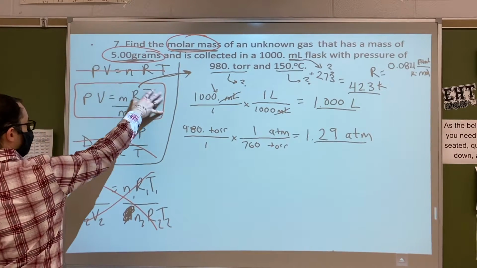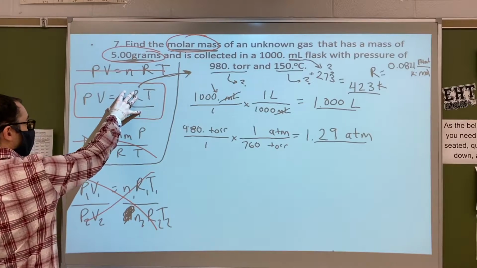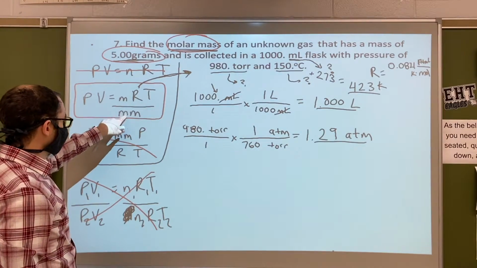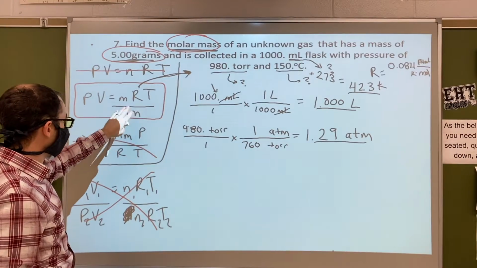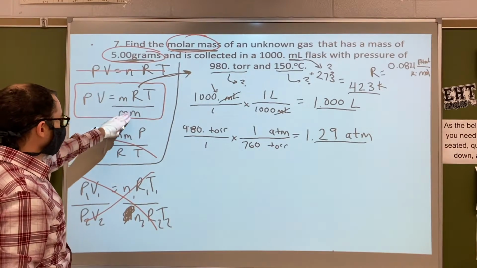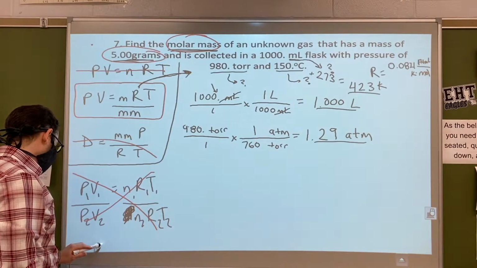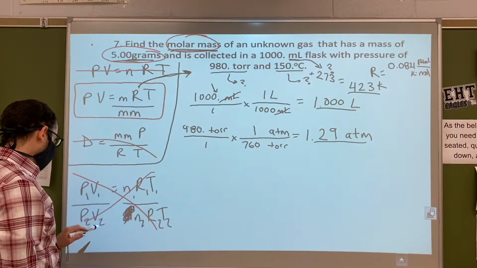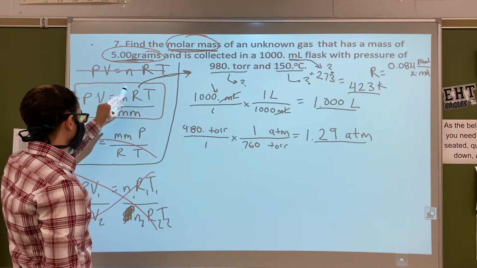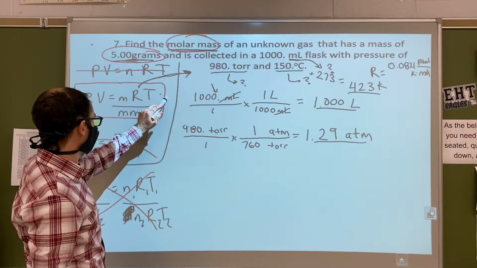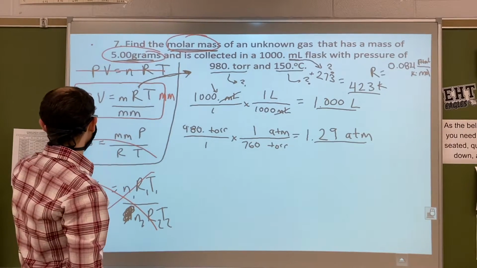So here's our equation. I already wrote it down. So now I'm going to substitute everything. Actually, I'm not going to substitute yet. I'm going to move molar mass to the top, because that's what we're looking for, right? So let's do that first. If you want to, you can just plug all the numbers in and then cross multiply and solve. You can totally do that. But I'm going to put molar mass on the top on both sides.